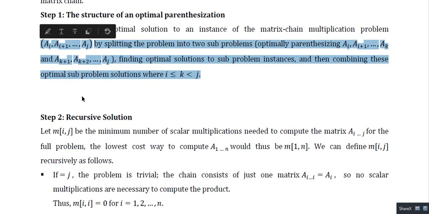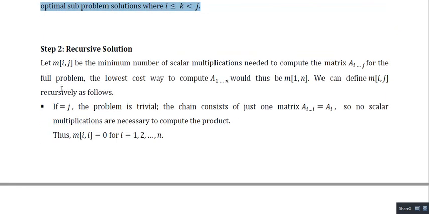Next we have to find a recursive solution to our problem. Let us take a parameter m[i][j], which denotes the minimum number of scalar multiplications to multiply the sequence Ai to Aj.